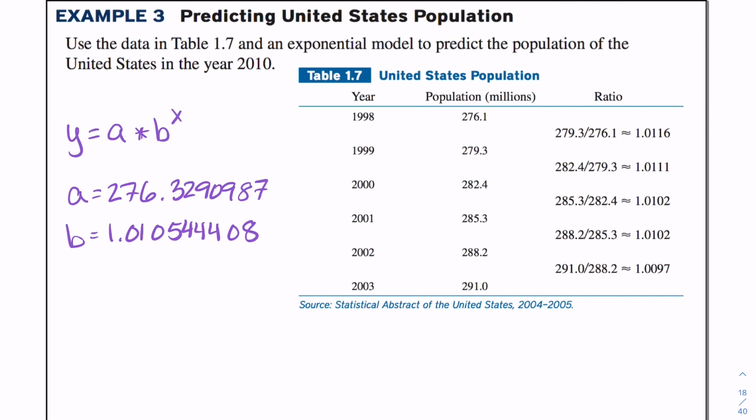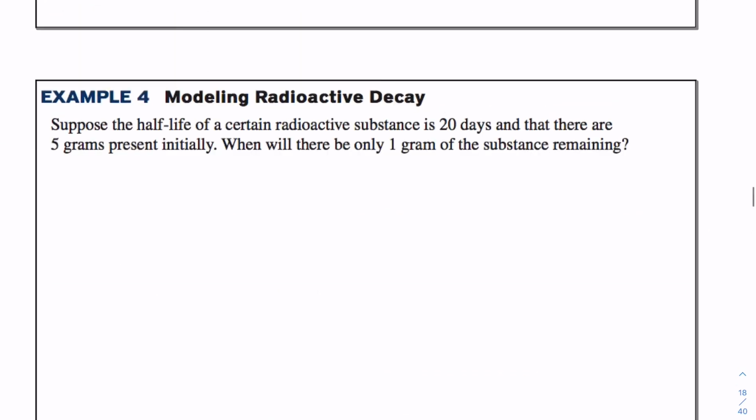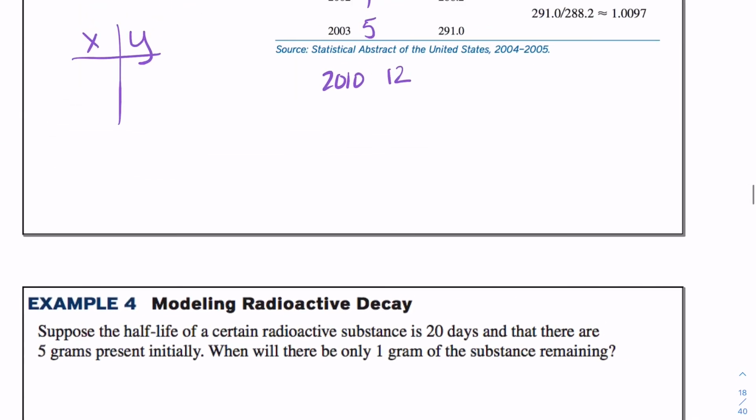And so the question now is, it's in the XY table now, so X and Y. So here's your 0, 1, 2, 3, 4, 5. What is 2010? 2010 is going to be year, add 10 years to 2000, and so it's going to be year 12. So at year 12, I have 313.39.